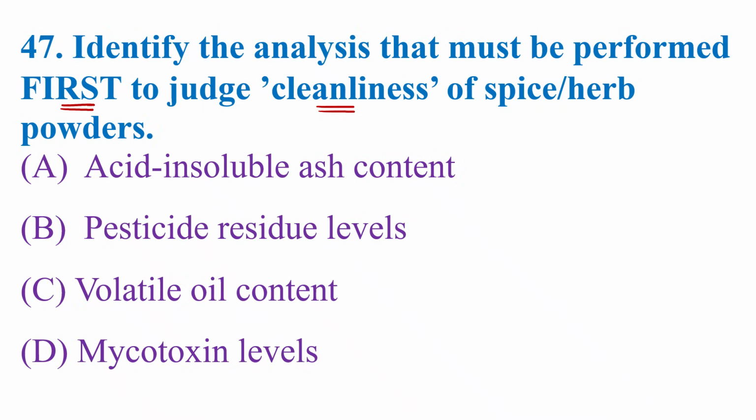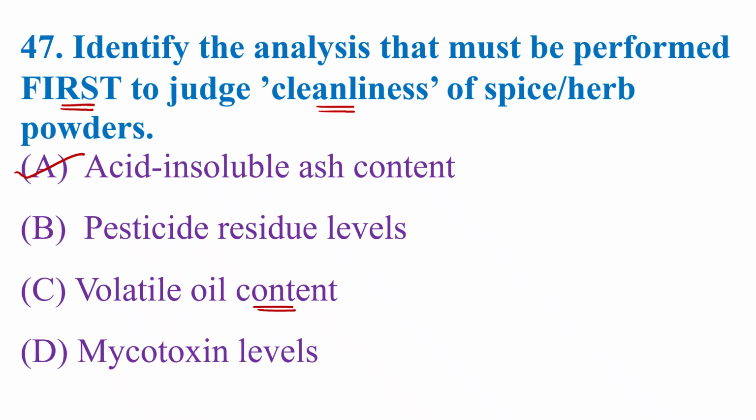So our first option will be the correct option, since it indicates the presence of dirt, sand, silica matter, and directly reflects the cleanliness. Next one, pesticide residue levels. It basically concerns the safety and chemical contamination, not the physical cleanliness. Next, volatile oil content.